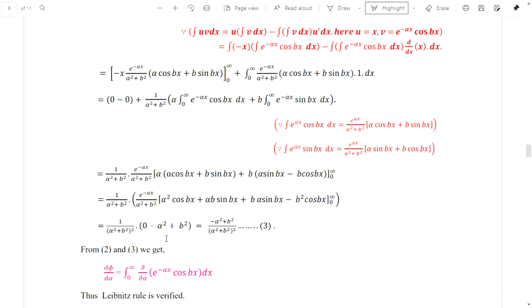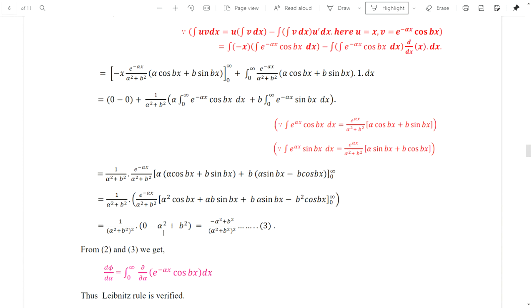Since we are applying the lower limit here, we will be getting minus, and sin 0 is 0, and moreover minus b squared into cos 0. Cos 0 is 1, and minus b squared into 1, but since we are applying the lower limit, minus we will get, so minus into minus becomes plus.